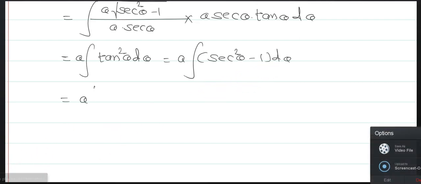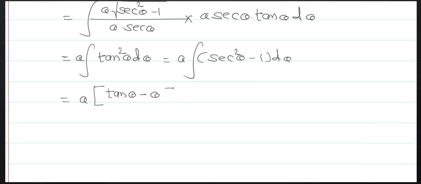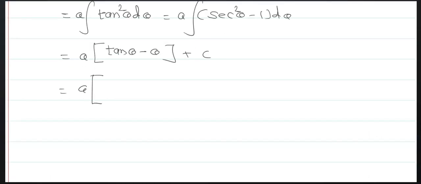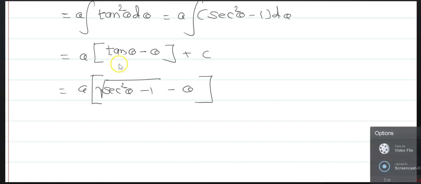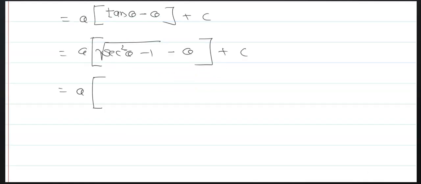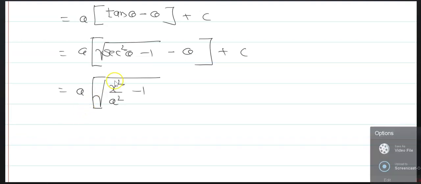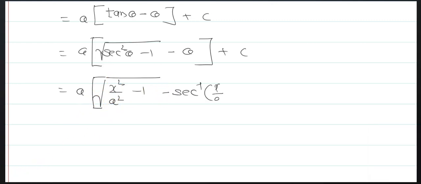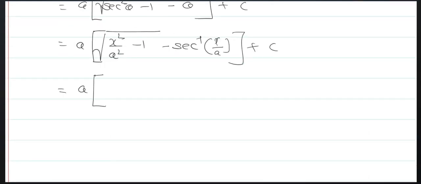Therefore the integral of sec square theta is a tan theta minus theta plus c. The value of tan theta is root of sec square theta minus 1. Therefore a root of x square minus a square upon a minus sec inverse of x upon a plus c.